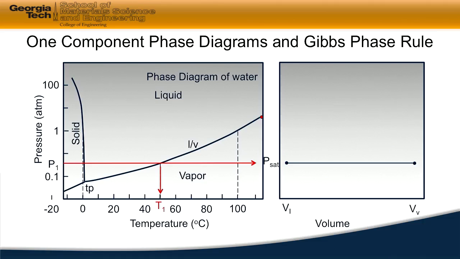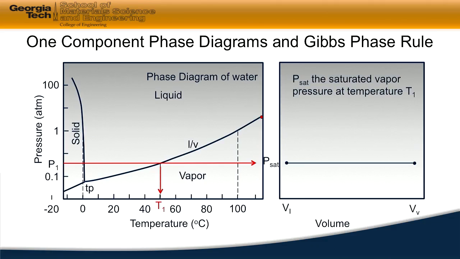Now, we know also that horizontal line describes the volume of the phases that are in equilibrium. When I look down along the x-axis of that plot, my 2 phases that are in equilibrium are determined by the volume of the liquid and the volume of the vapor.